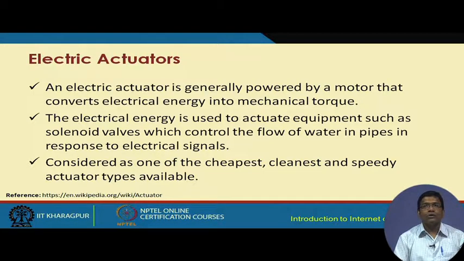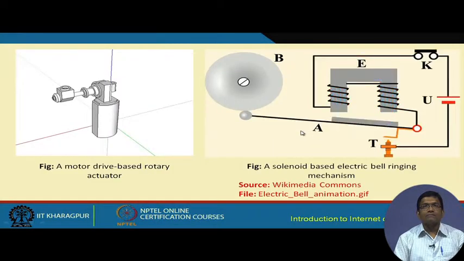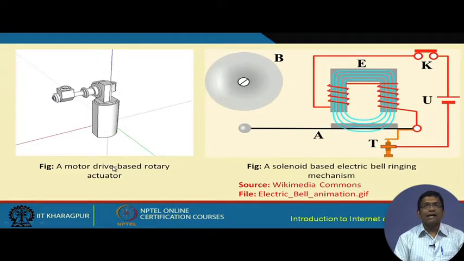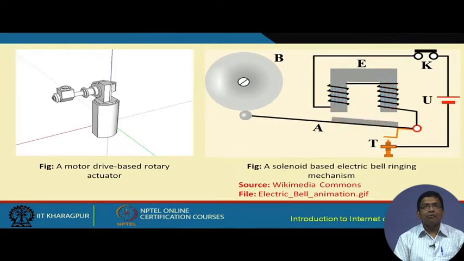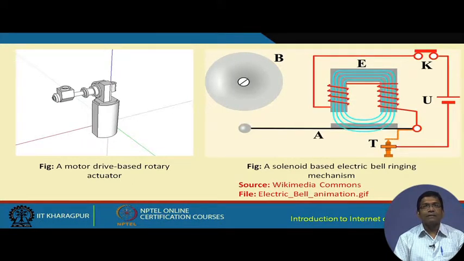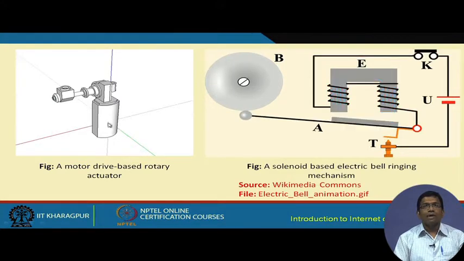I showed you the solenoid valve, and this basically works on the principle of an electrical actuator. On the left-hand side is a figure showing a motor drive based rotary actuator.